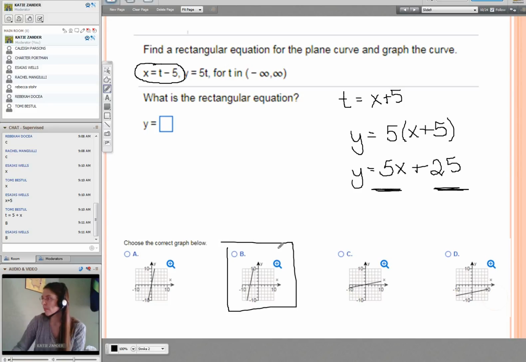So B also looks like it has a positive slope there, and it's kind of steep, so it very well could be a 5 for that slope. So definitely I would go with choice B as well. If you want to try to verify that, you can. You can graph these two or plug in these two equations into your calculator and see what the graph output is, but it should match up to choice B.